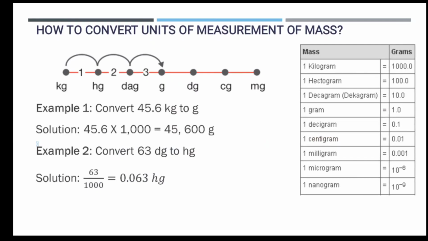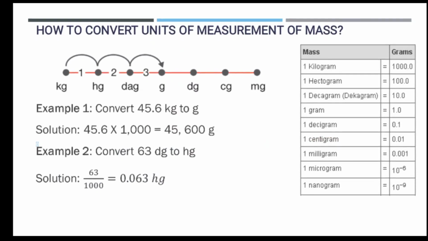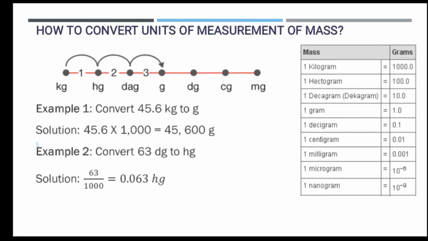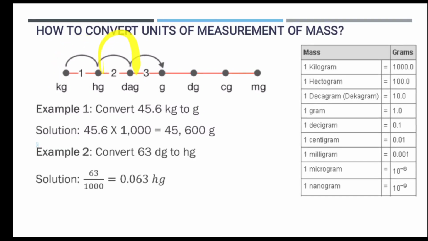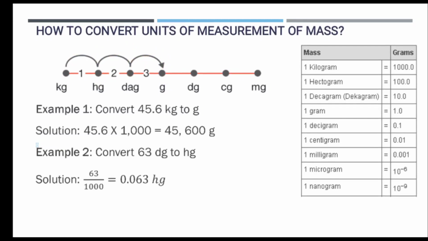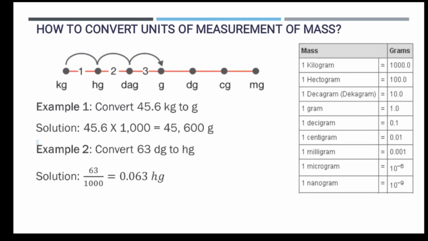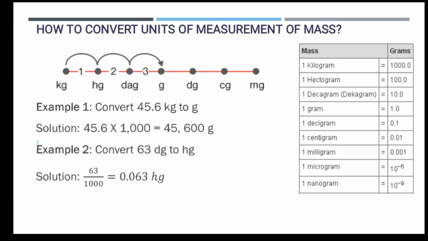Okay, so how to convert units of measurement of mass? Same as how we convert length or measurement of length, we will move using this metric converter. We will move the unit or the decimal point from left to right or from right to left. Okay?